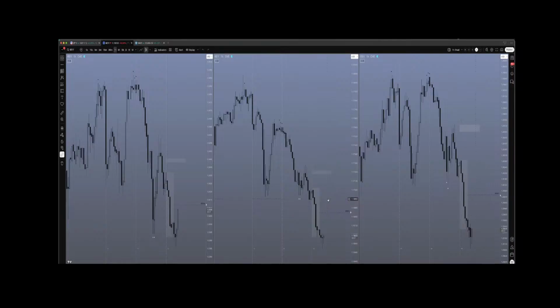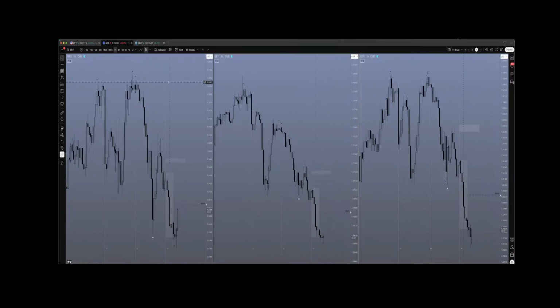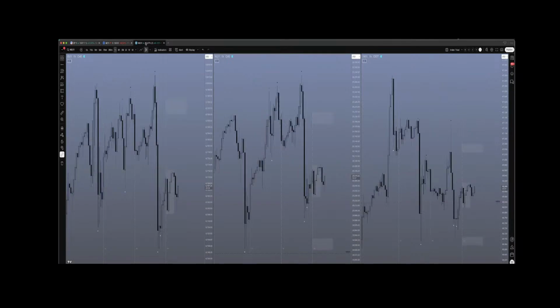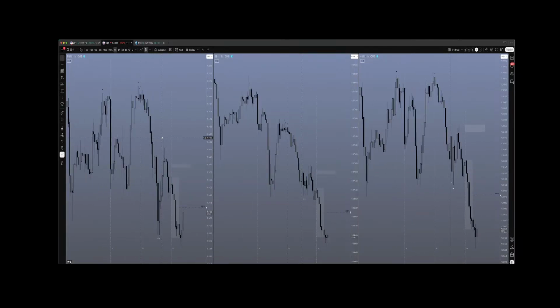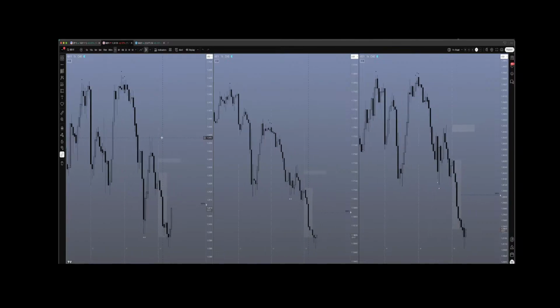Anyway, 6B is definitely pulling up, isn't it? This is obviously the stronger of the assets as well.